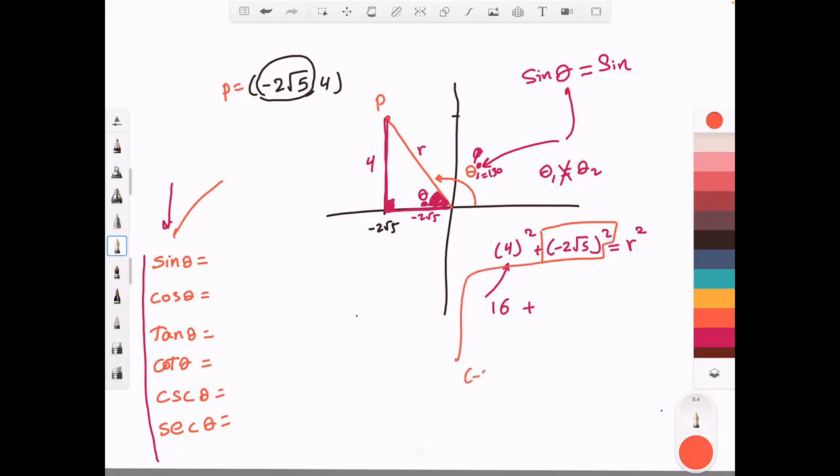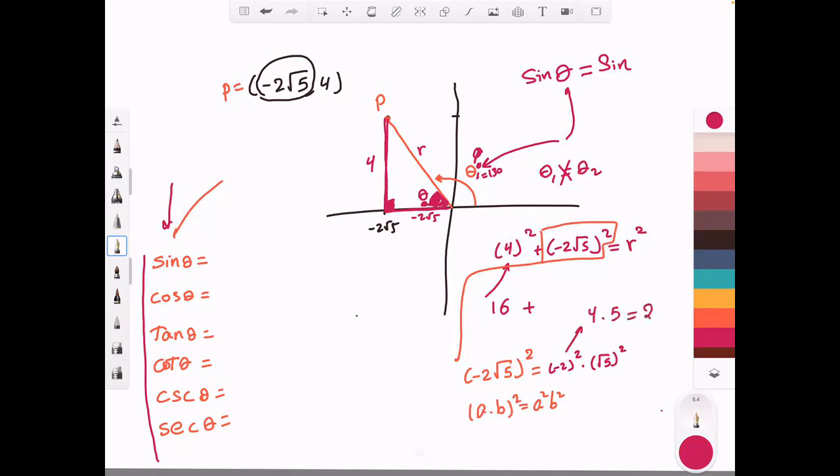We have (-2√5) squared. This means if we have (a times b) squared, it's like a squared times b squared, correct? So we're going to do the same thing. We have -2 squared multiplied by √5 squared. -2 squared is 4. √5 squared is 5.